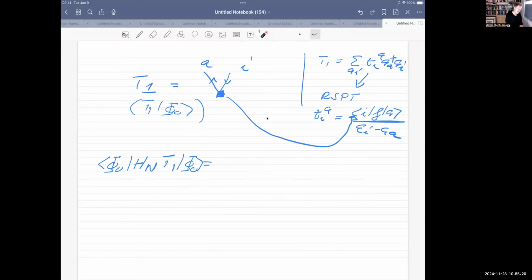So what we would need then, when we are looking at this expectation value, would be to match the Hn. So if we think of Hn now as composed of a one-body operator, and we can write it like this, because this is the Fn part, and then we have the two-body part.